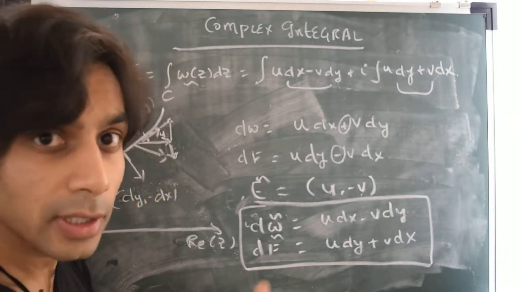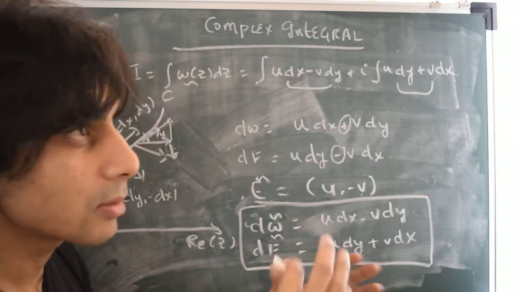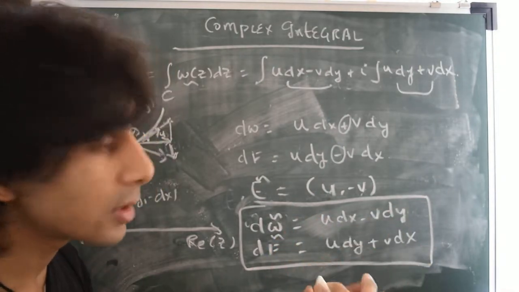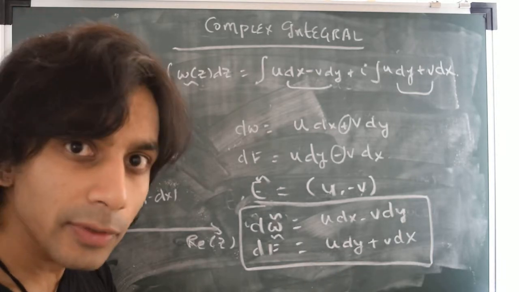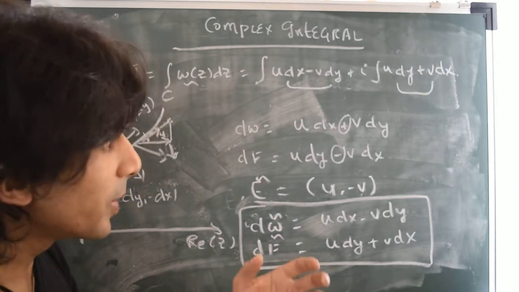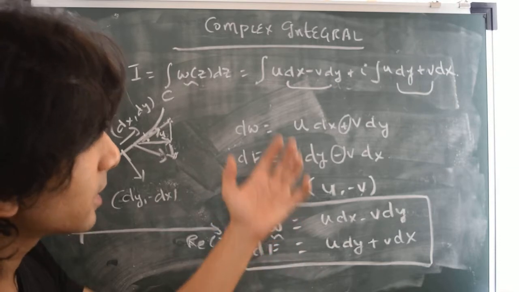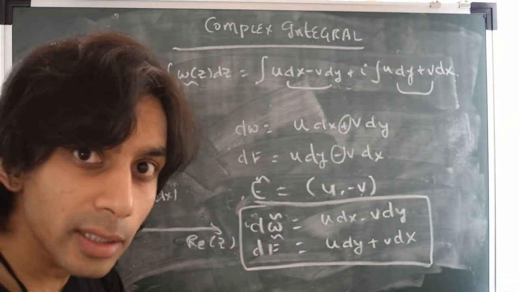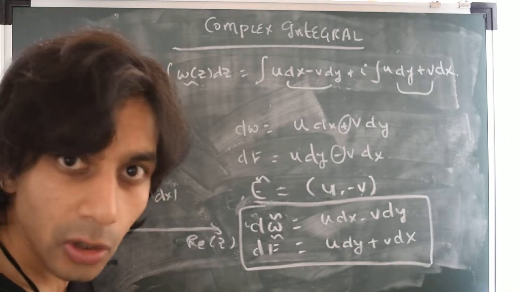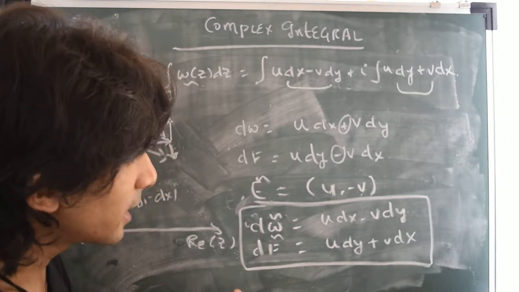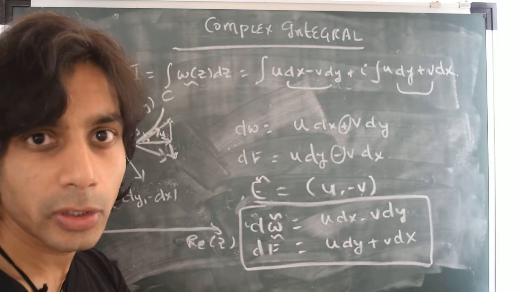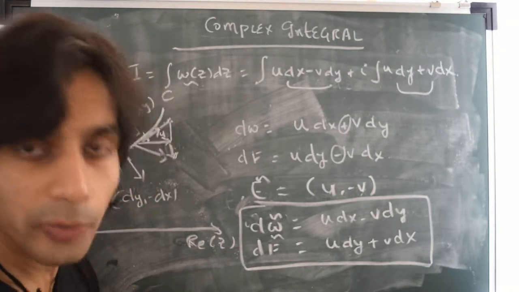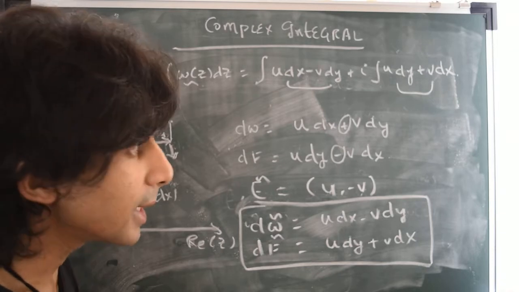We found that if we think of a vector field which is not just composed of the real and imaginary part of the complex function, but rather is composed of the real part and the negative of the imaginary part of the complex function, we can think of the real part of the integral as the work done by this vector field along a curve where we are integrating, and the imaginary part of the integral as the flux flowing through that curve, along which we are calculating the complex integral.